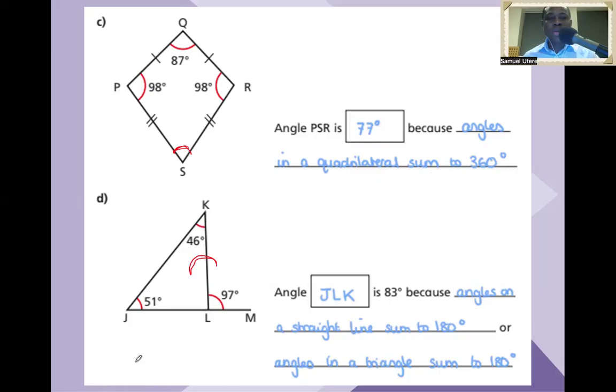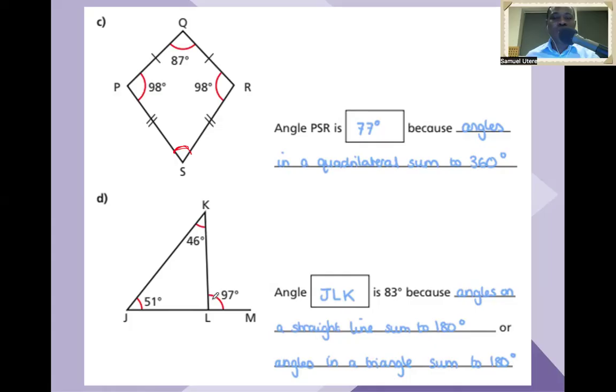Next, this one, need to rub that off. Angle JLK is 83 degrees because angles on a straight line sum to 180 degrees.